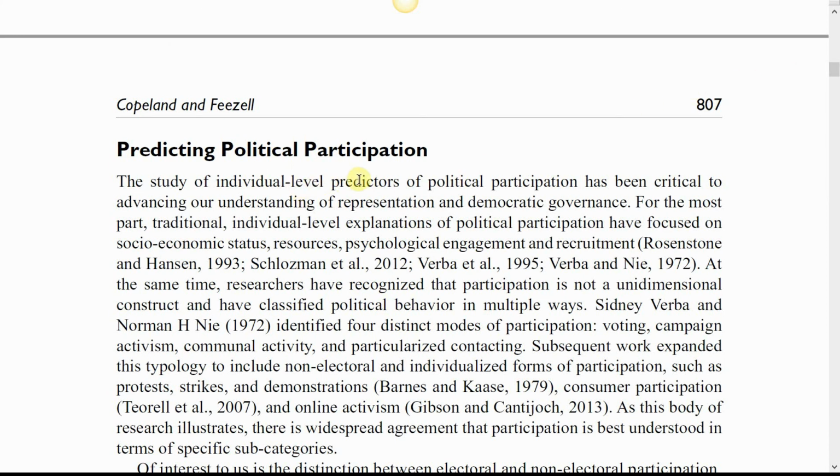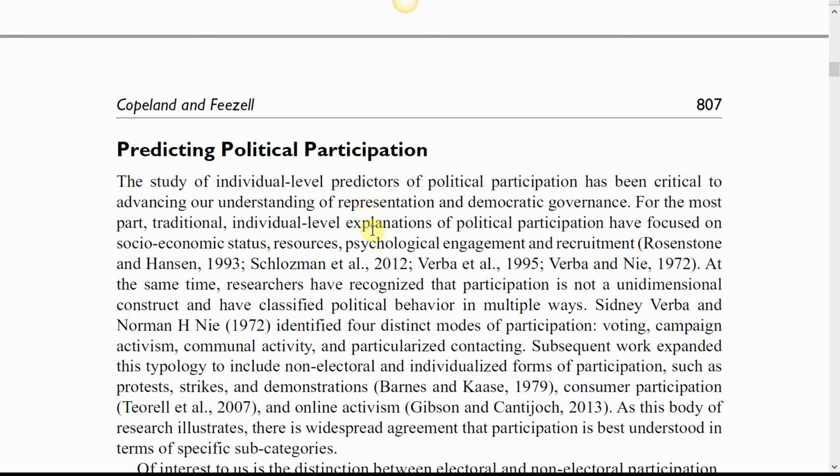Individual level predictors of participation has been critical to advancing our understanding of representation and democratic governance. Oh, hey, all of a sudden, we have an even bigger view on this. We have an even bigger wide-angle lens on why this is important. It's important to democracy.